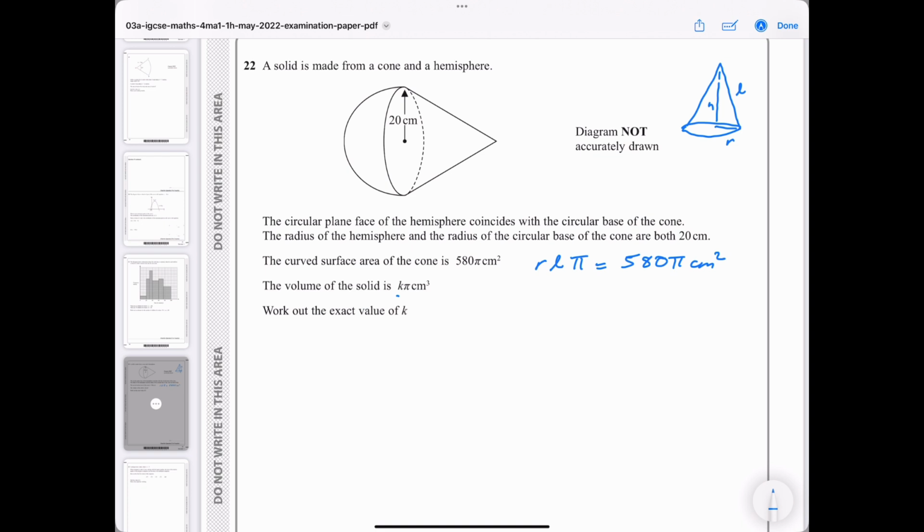You also need to know, for later, that the curved surface area equals pi R L.